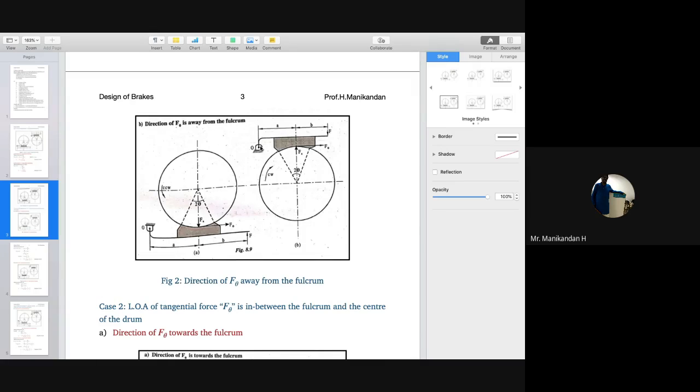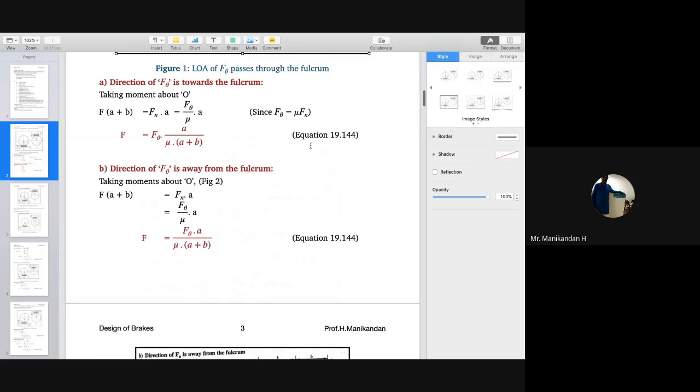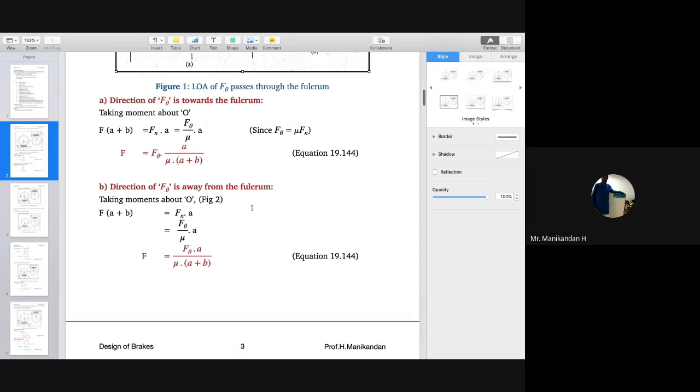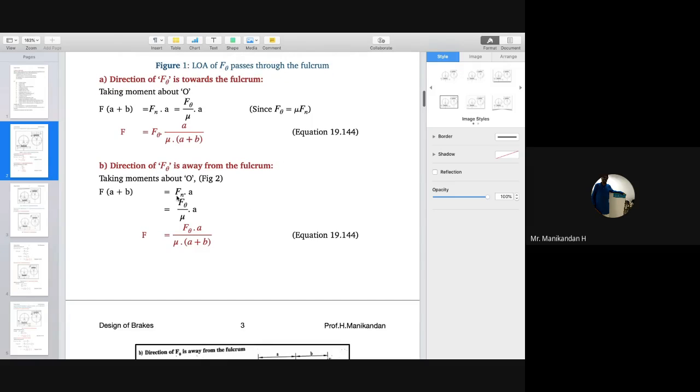If you take a moment with respect to O, F into A plus B is equal to Fn into A. Again, F theta will not give any moment because the line of action of the tangential force acts along the pin of the fulcrum, so it won't give any moment.